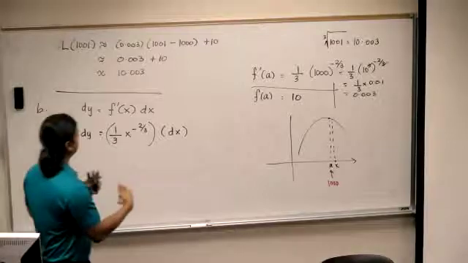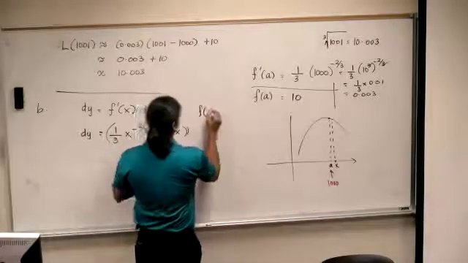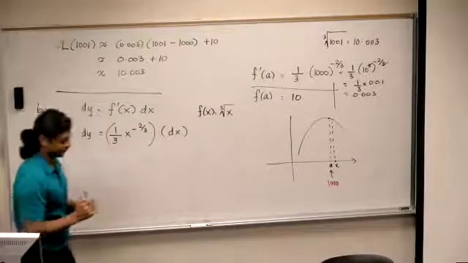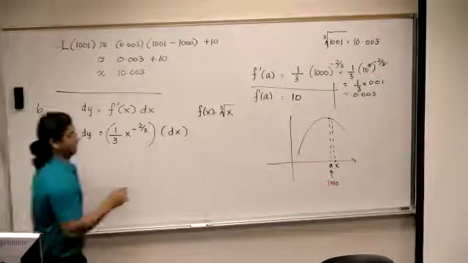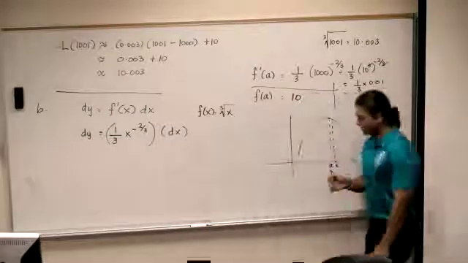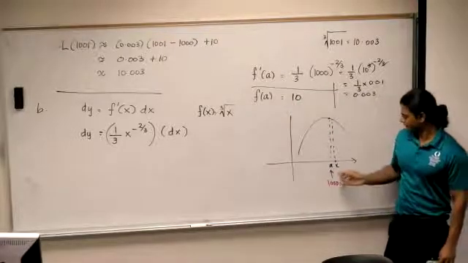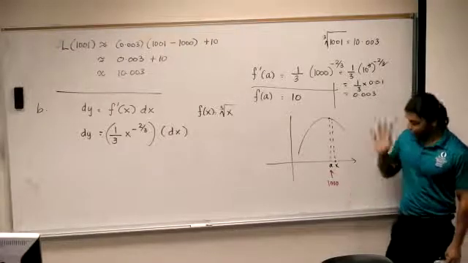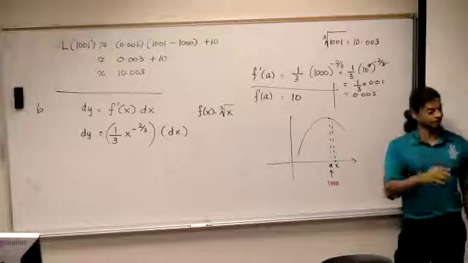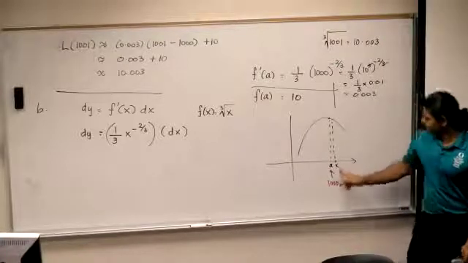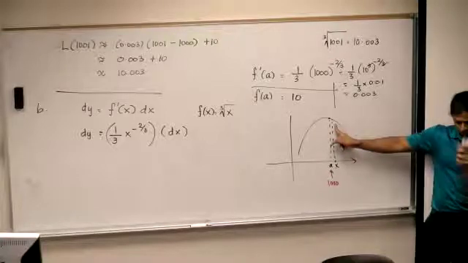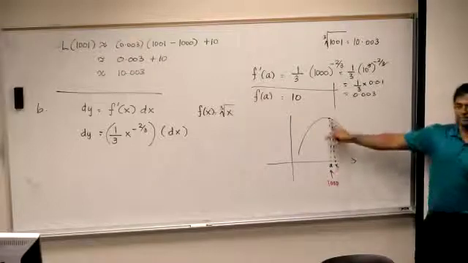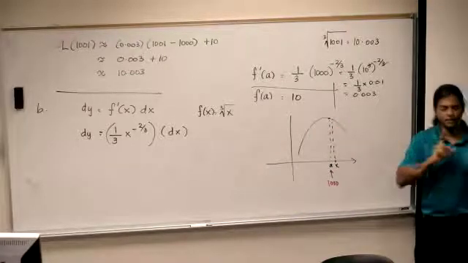So what point on my function f of x is simply the third root of x, whatever x it might be. I started at a point and moved slightly to the right to find the approximation of 1001. If this point is x, very close to a, and a is 1,000, what is the change in y?